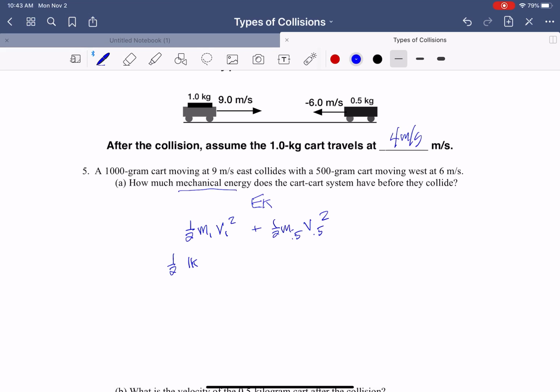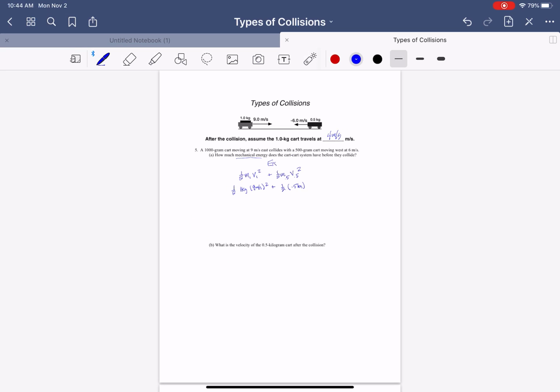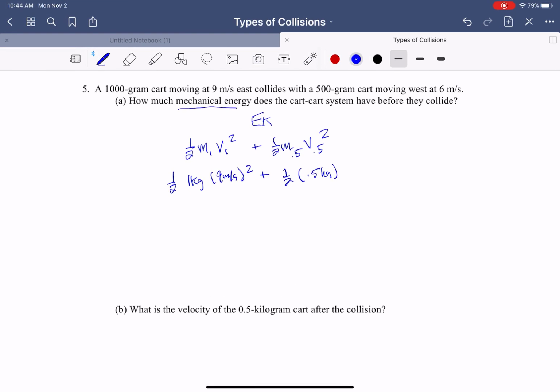1/2 times 1 kilogram times 9 meters per second squared plus 1/2 times 0.5 kilograms times negative 6 meters per second squared.